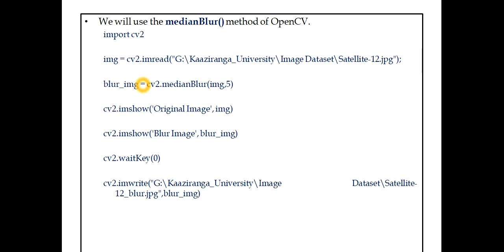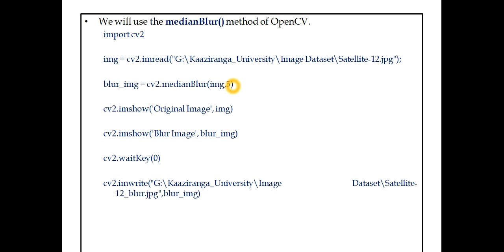Now, I'm giving the name of the output after blurring as blur_image, B L U R underscore image, and that is found from this median blur function. See, cv2.medianBlur. We have two parameters here. img, that's the original image, then 5.